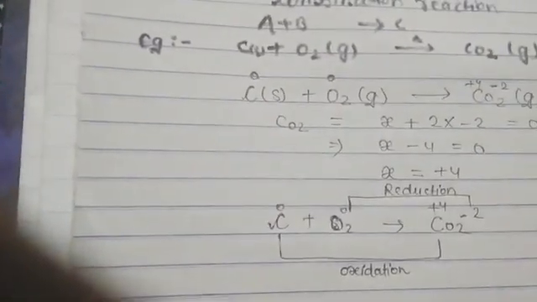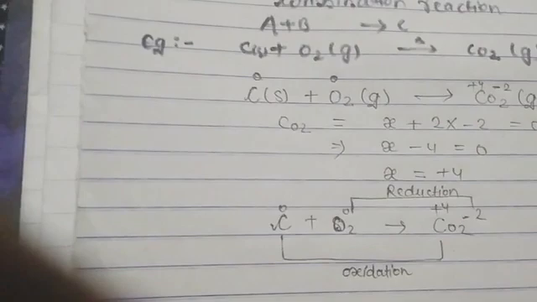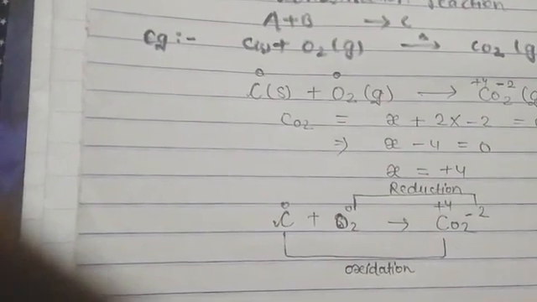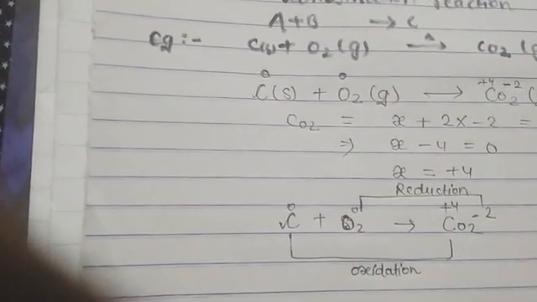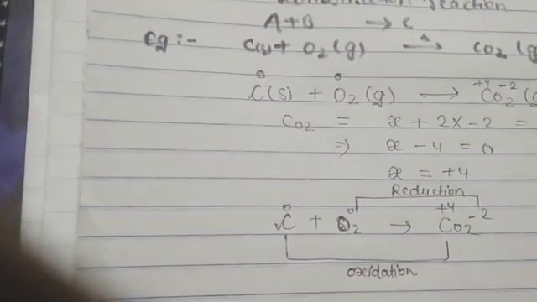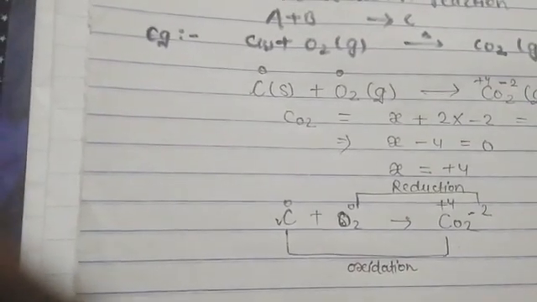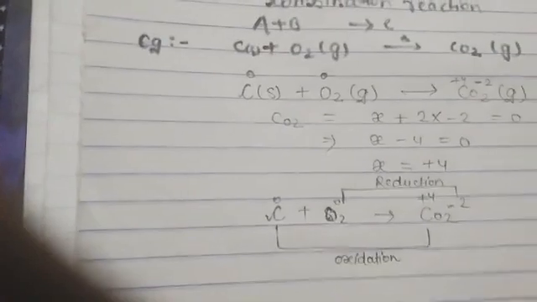And here we all had studied this in the previous video or lecture. Increase in oxidation number that is known as oxidation and decrease in oxidation number that is known as reduction.